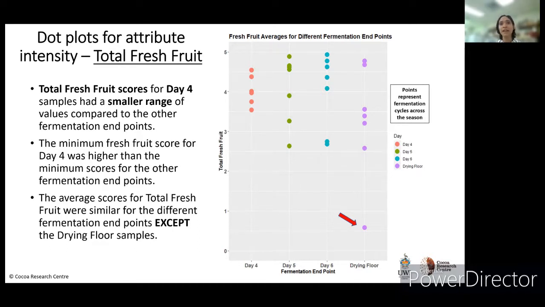As batch 9 was so small, this led to over fermentation, which produced off flavors, which tend to mask the more desirable fruity and floral fine flavor notes. That explains the very low intensity of fresh fruit of this purple dry floor point all the way down here next to 0.